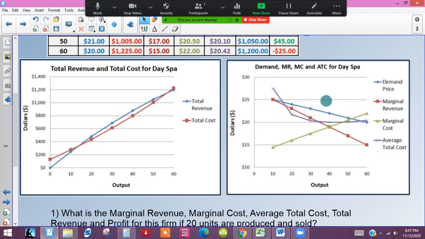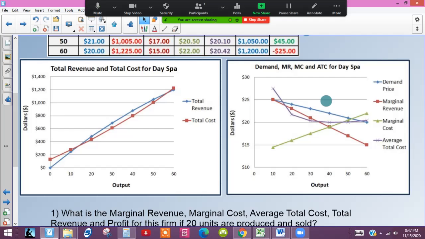So if the firms in the market are making an economic profit, firms will enter the market. If firms are making a negative profit or losing money, if their price is below average total cost, then firms will leave the market, and the demand for the firms that stay in will shift to the right.